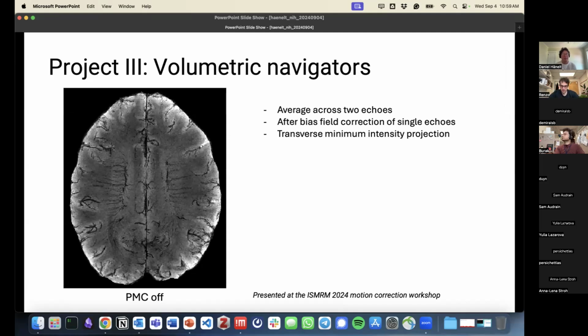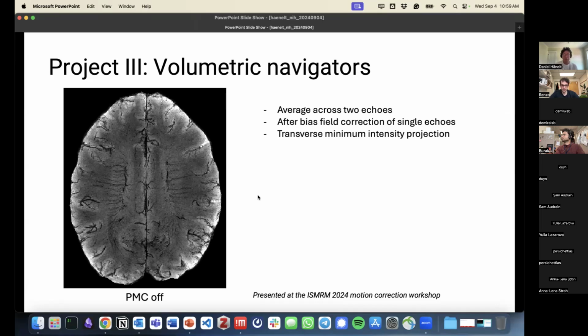We used the navigators in the scan, but prospective motion correction was turned off. I show here an axial slice with the minimum intensity projection across some axial slices, which shows nicely some veins in these T2-star weighted data.